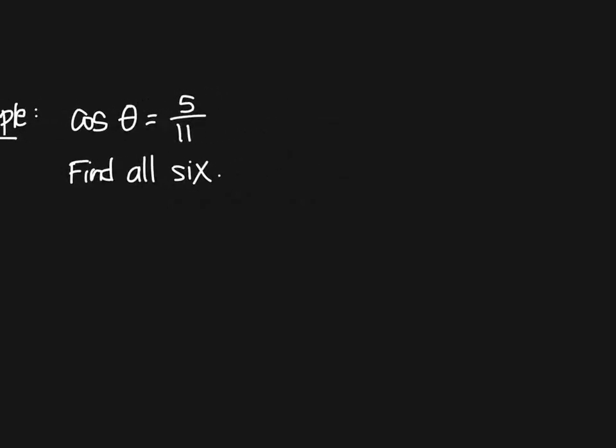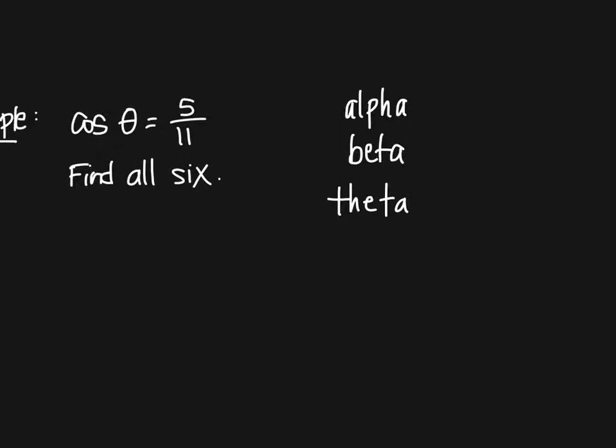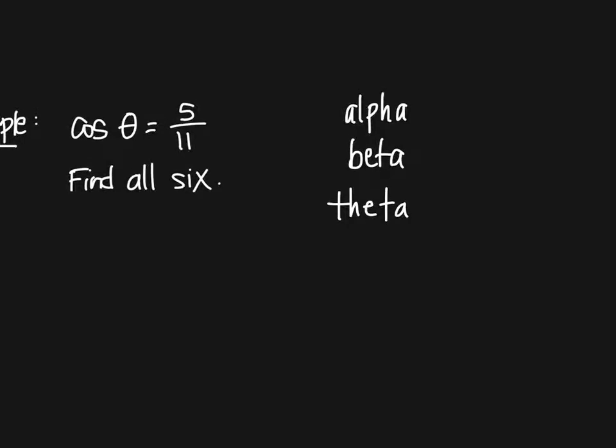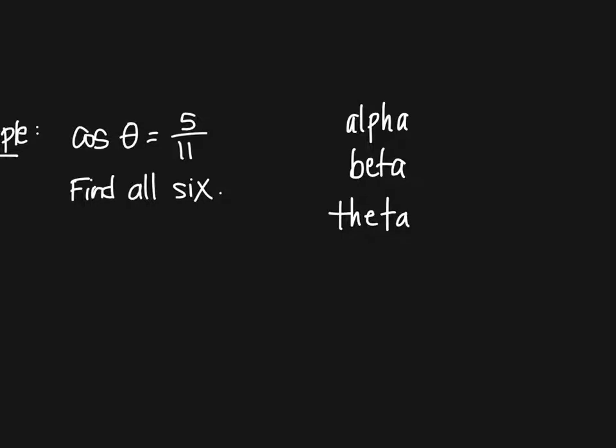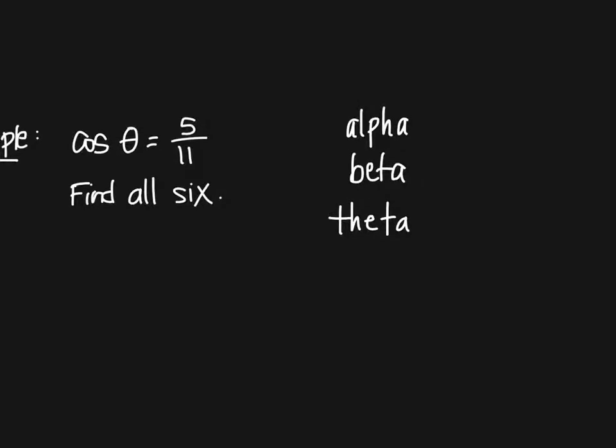So let me spell those for you. So we've got alpha, we have beta, now we have theta. Sometimes people misunderstand what I say and they think I'm saying this: F-E-T-A.